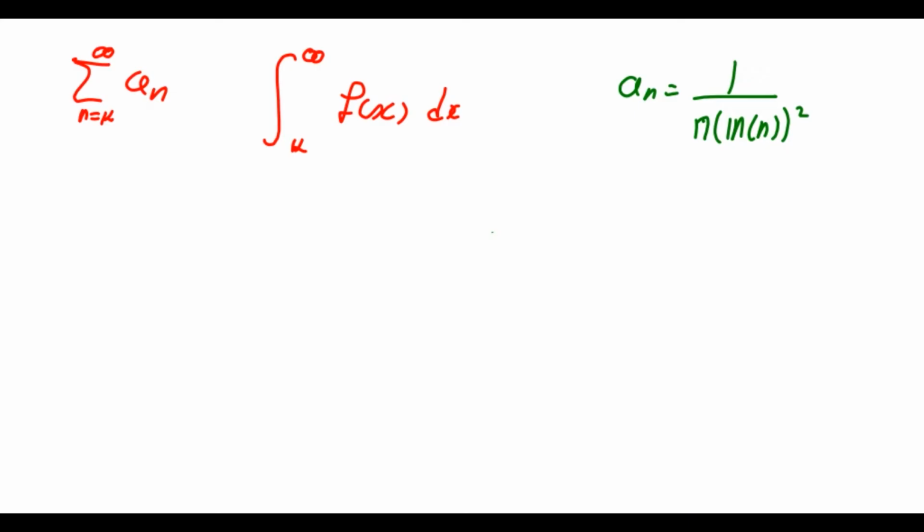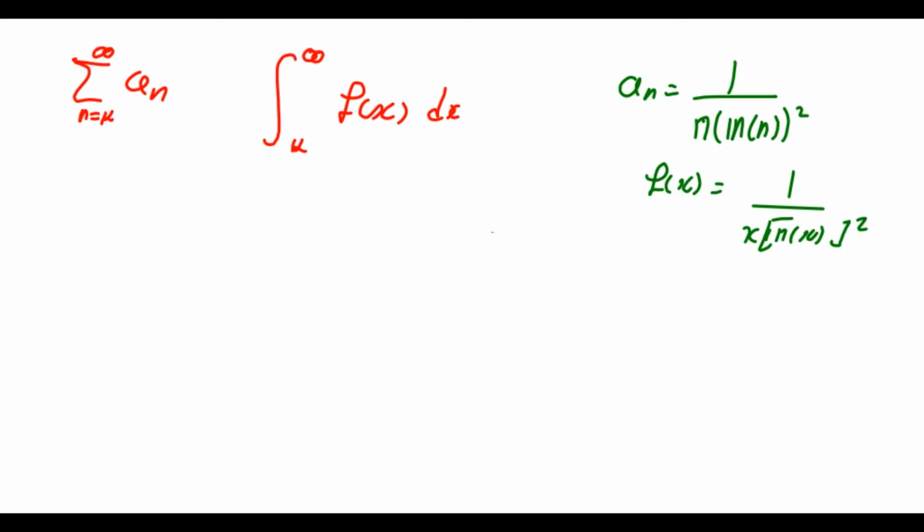Let me just confirm on my phone, where's my tutorial sheet? Yeah, something like that. So your f of x is just going to be equal to 1 divided by x times ln of x, squared.